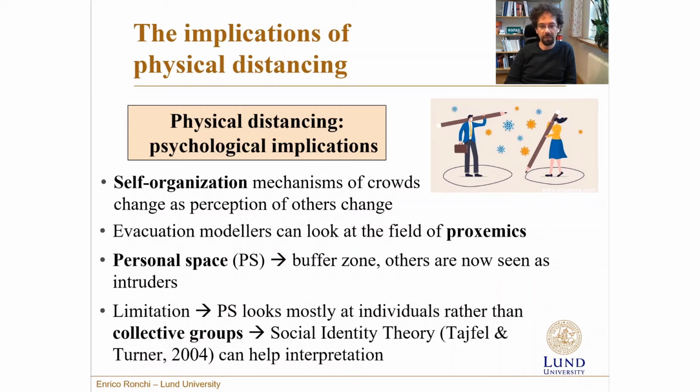For instance, a group tends to stick together, while certain types of groups are more prone to repulse each other, and so on. So a good suggestion is to have a look at the implications of social identity theory, and there are many recent papers that look at this in the field of crowd dynamics.